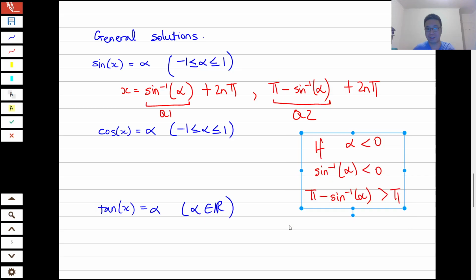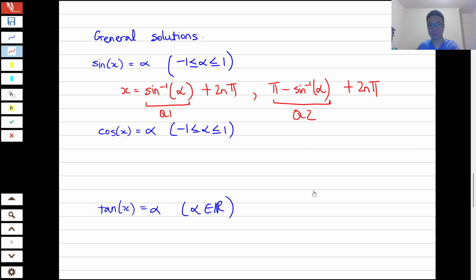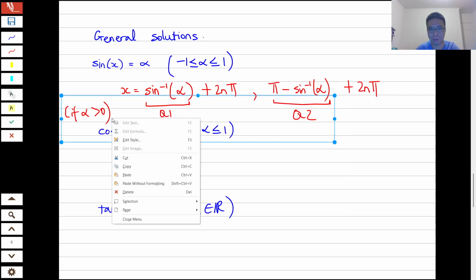So it still works. Okay, so I'll leave this as quadrant 1 and quadrant 2. But in red here, I'm assuming that alpha is positive. So these are actually the quadrant labels, so I'll put them in a different color as well.